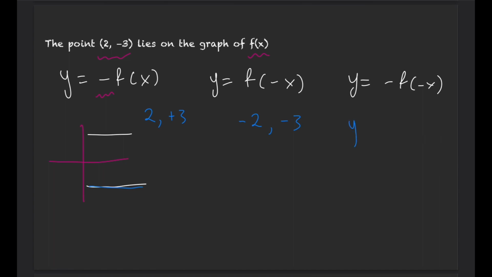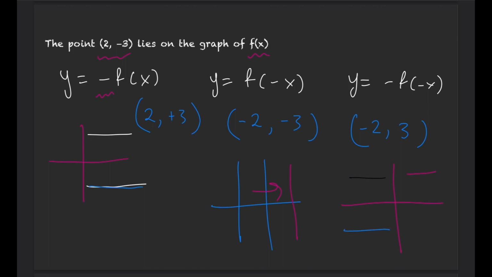So the point would become negative 2, negative 3. Okay, so this one would be like if we had a function like that, gets reflected to that. And this one would be like if we had, say, a function over here, it gets reflected to a graph like that and flipped over to ultimately end up there.